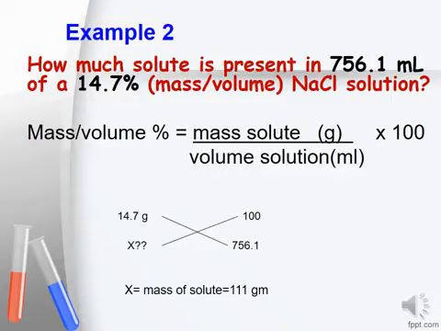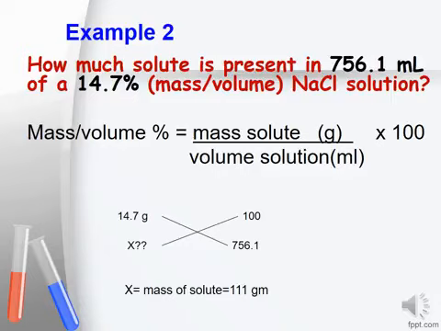Again, he asked how much solute, so the amount of solute is unknown. He gave the total volume of solution, which is 756.1 milliliter, and the concentration, which is mass per volume, expressed as 14.7%.